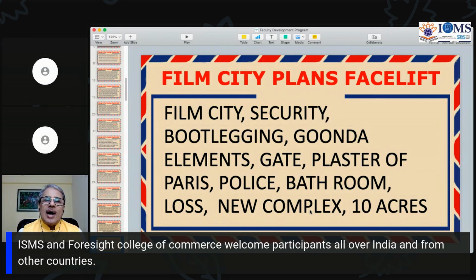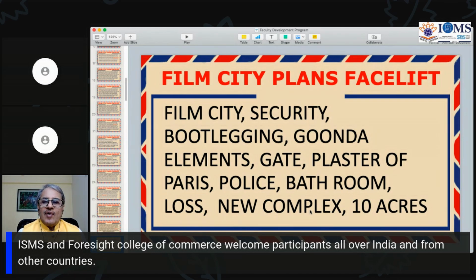Imagine you are visiting Film City in Mumbai. When you went there, there's a very big board called security. When you went there, bootlegging and gunda elements started throwing the gate.